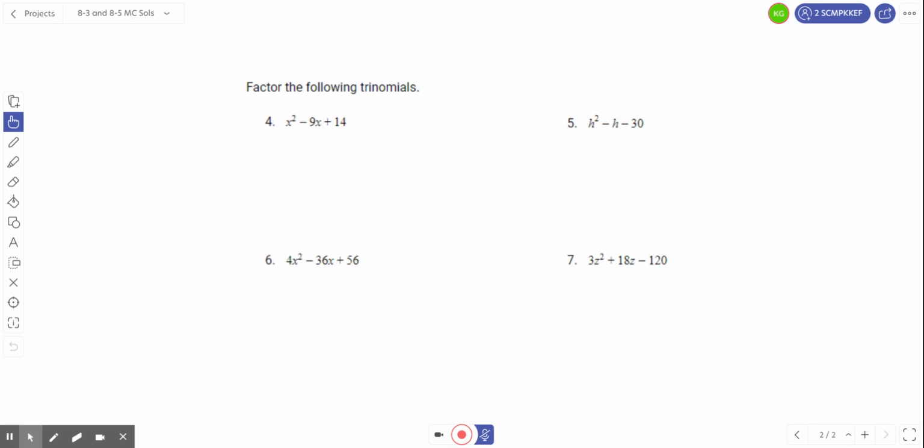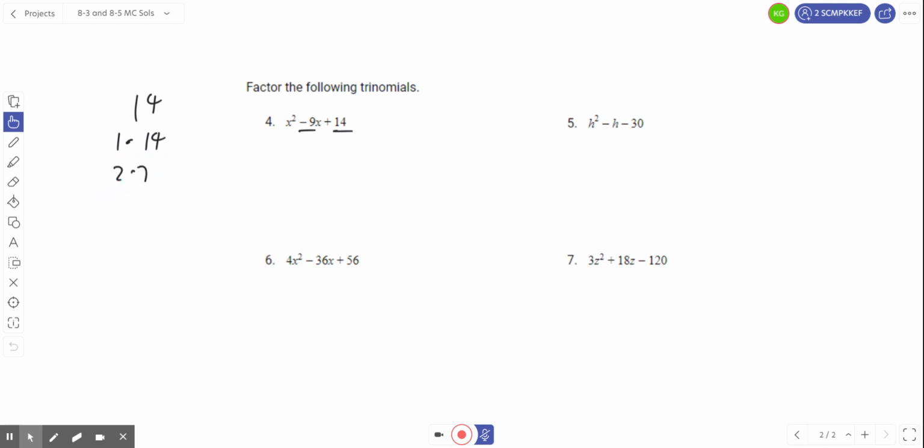So let's see, in this first one, what we need are two numbers that multiply to 14 and add to -9. I could write out the possible things. So we need to multiply to 14. So that could either be 1 times 14 or 2 times 7.